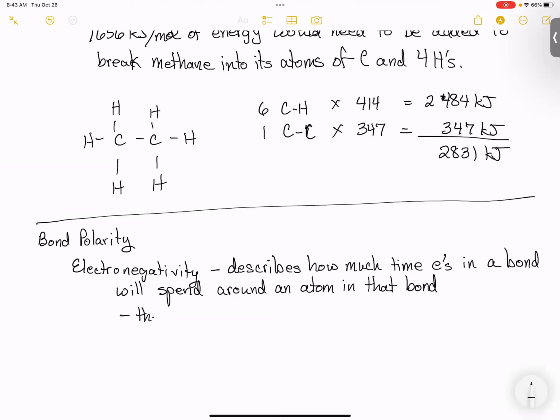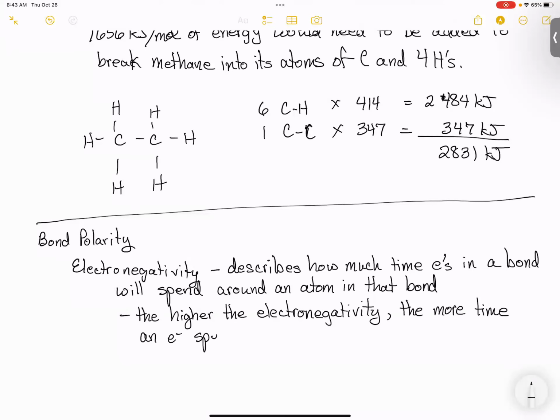The higher the electronegativity, the more time an electron spends with that atom.